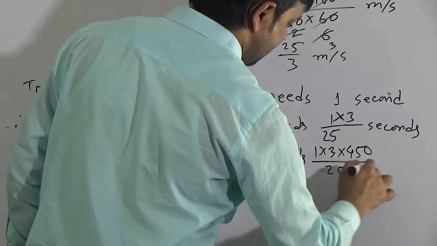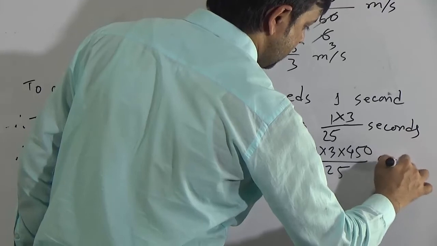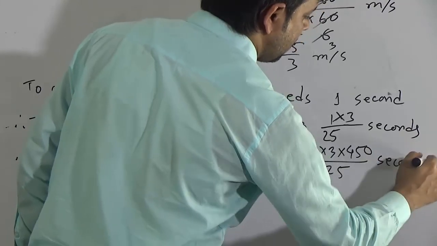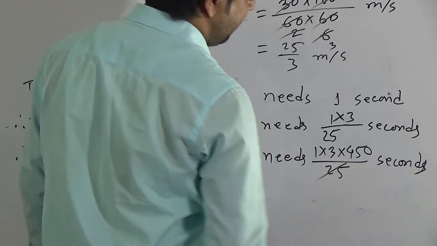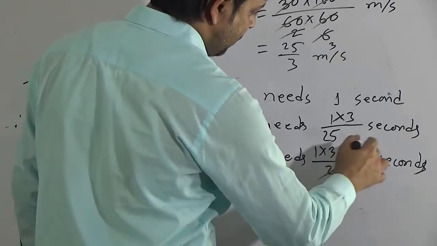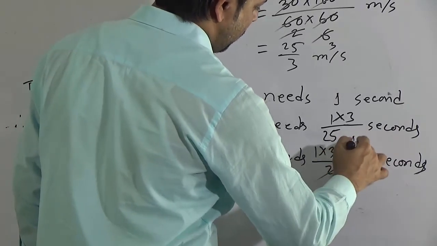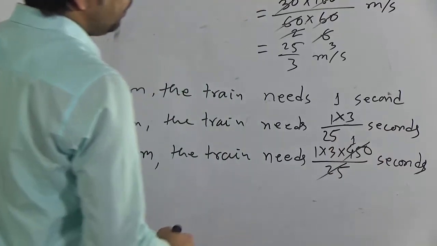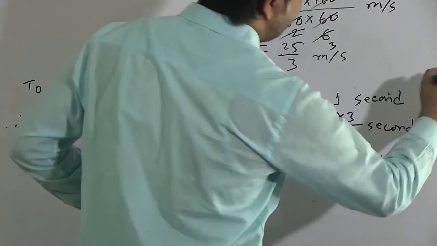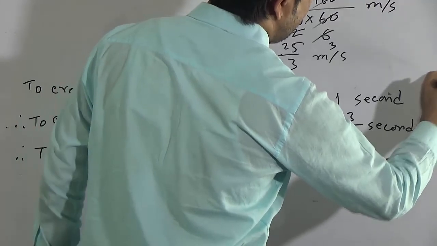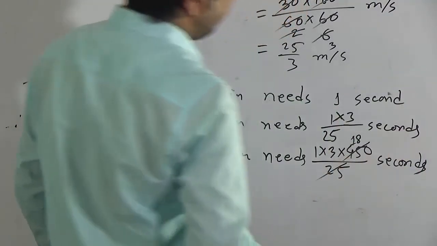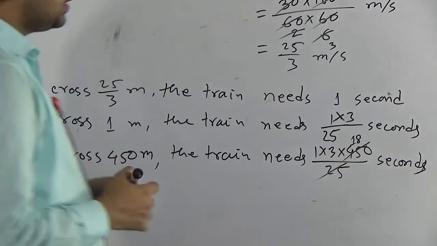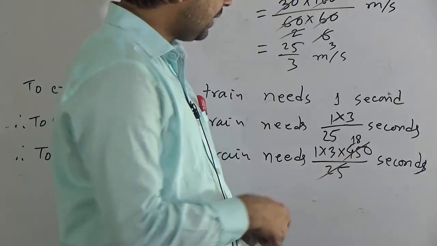As we have to multiply, that will go to the numerator. So now we can calculate here, we can divide by 25. At first one time, then 20 left. 20 left means we can take 8 times. It means that if we divide 450 by 25, at first we can take one time.